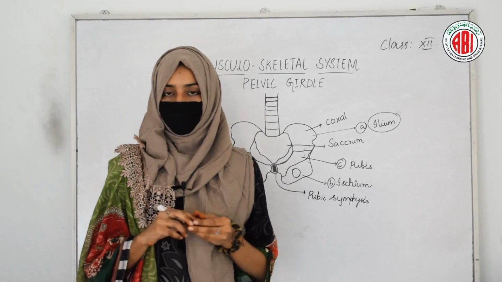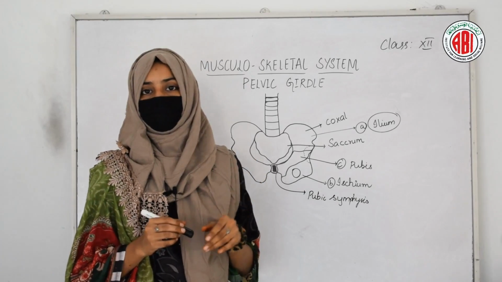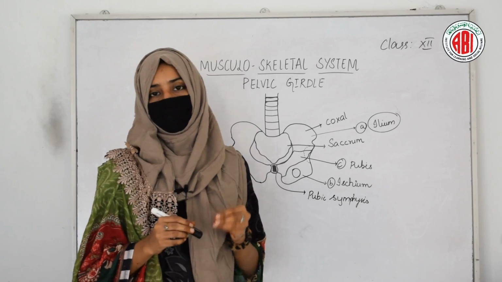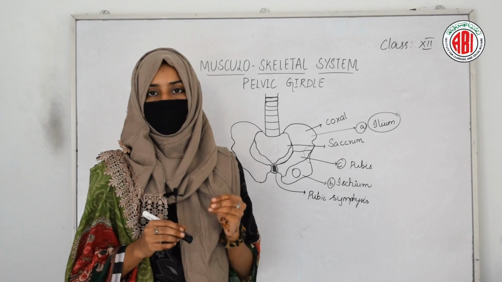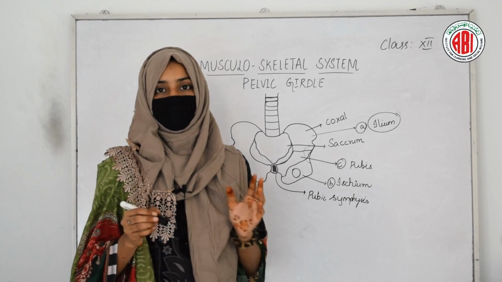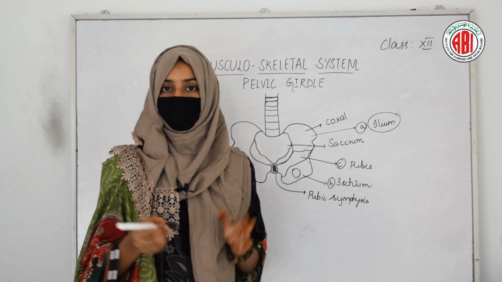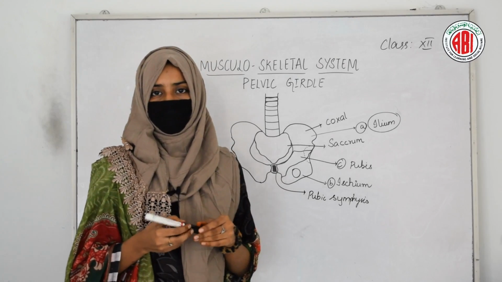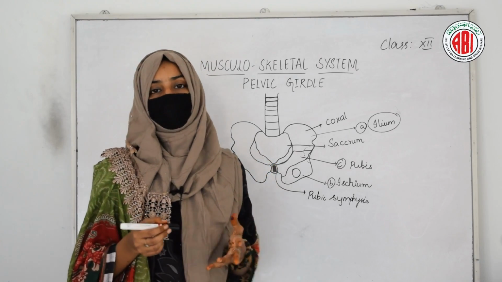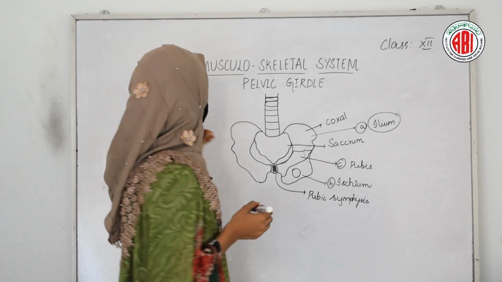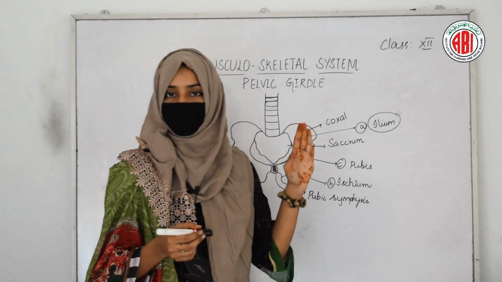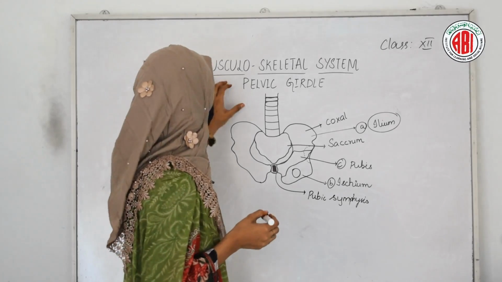Just before, we learned about the pectoral girdle that provides a cavity for the joining of our upper limb bones. But when we talk about our lower limb, where can the bones of the lower limb join? Here one more girdle is present in our body, and that is the pelvic girdle.